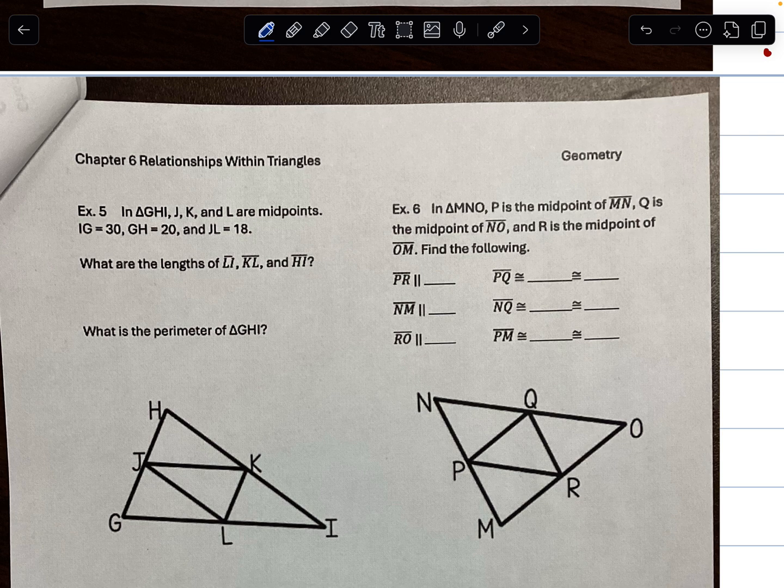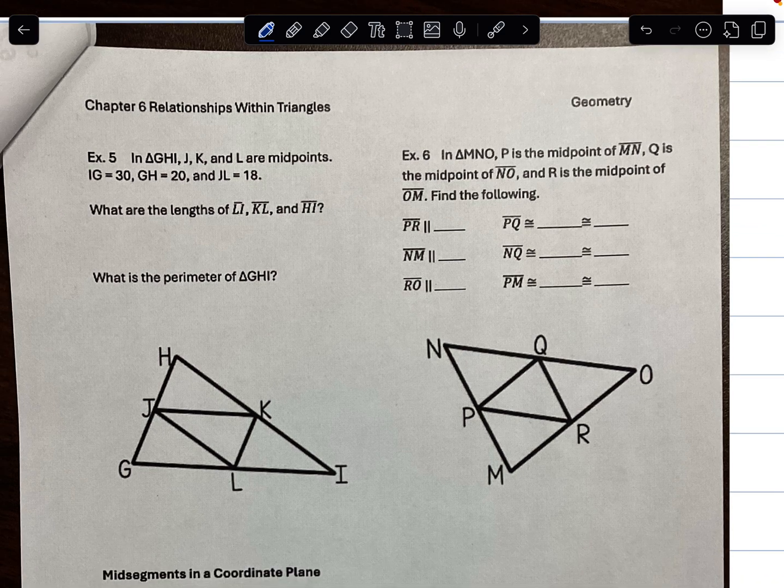On the back page, example 5 says, in triangle GHI, J, K, and L are midpoints, and then it tells you the length of IG, GH, and JL. So the first thing we're going to do is go through and label those things, okay? So IG, down here on the bottom, is 30.